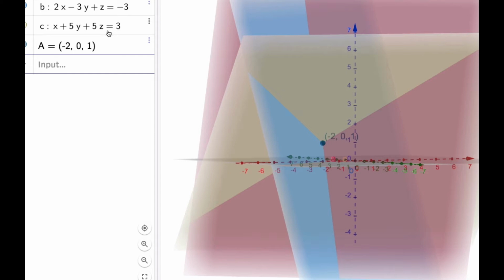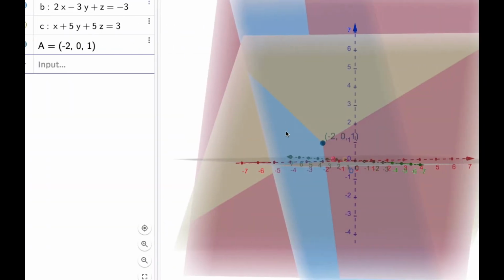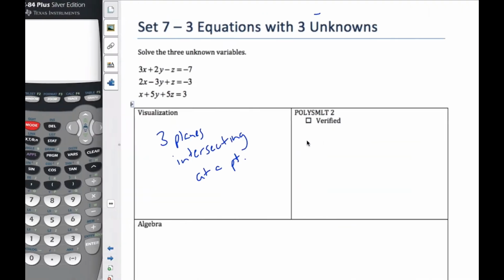They don't always have to, but for the ones that we're doing, they're always going to have a nice answer like this. So the visualization is three planes intersecting. I'm not even going to try to sketch this. Okay, and so I can see from here, I believe the answer is -2, 0, 1.